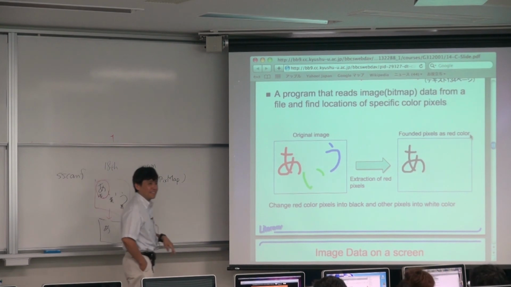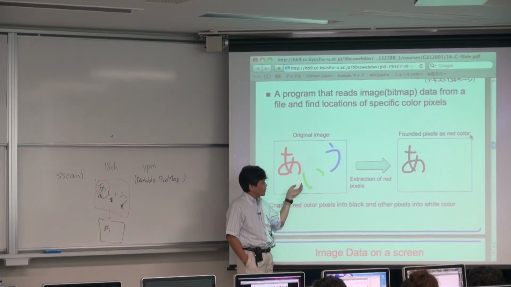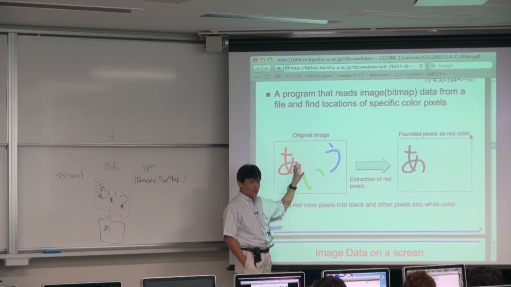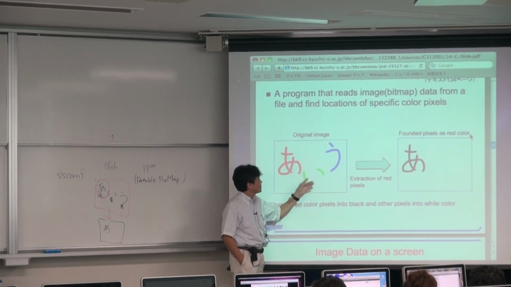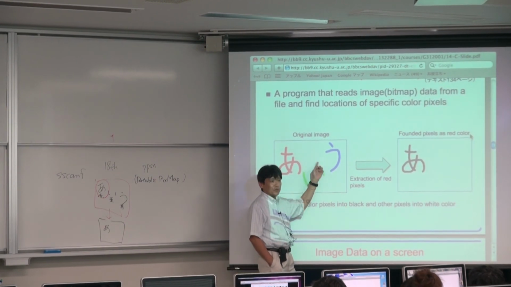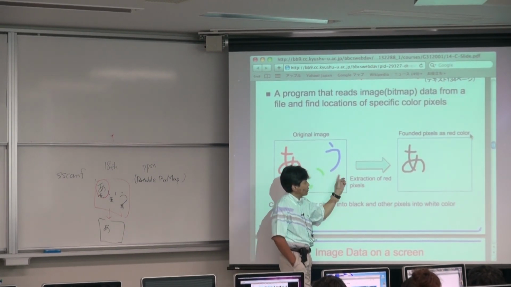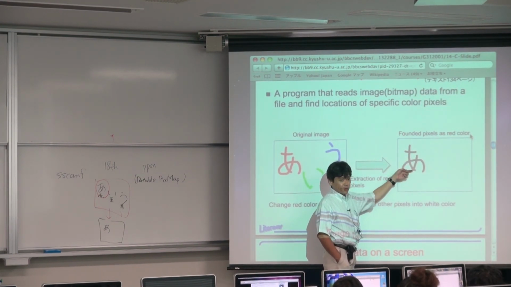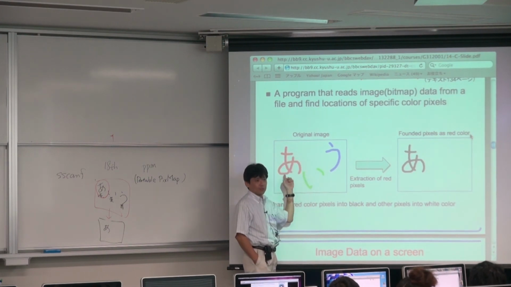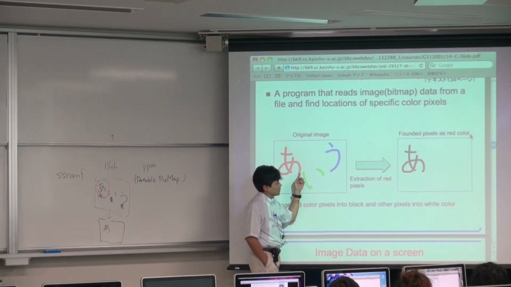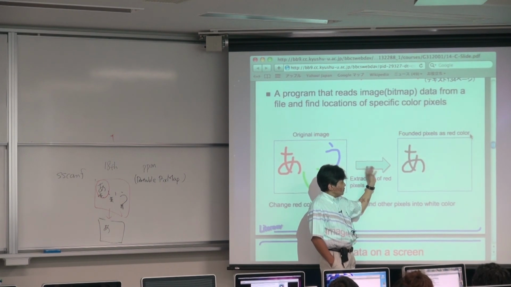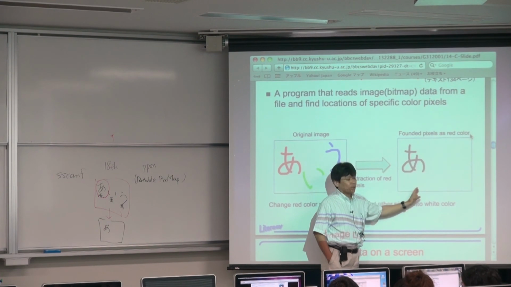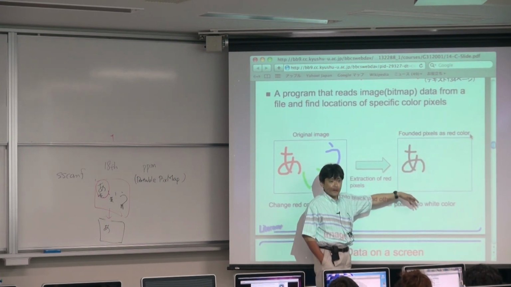So the original PPM file, the content is shown here. In Japanese, hiragana. Red character, green character, and blue character. Using the program, you can extract these pixels, which correspond to the red pixel. Okay? Then using that program, you can store this image data into a PPM file.